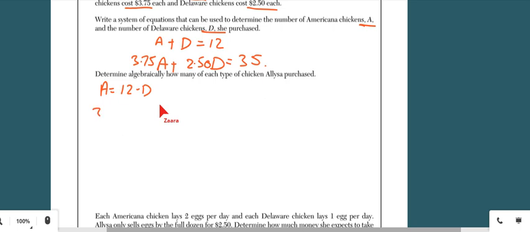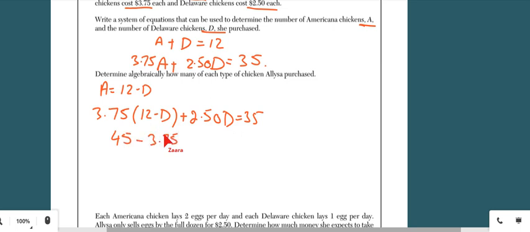Now let's substitute the value of A in the second equation, which is 3.75 times (12 minus D) plus 2.50D, that is equal to 35. Okay, what is 3.75 times 12? It is 45. So 45 minus 3.75D plus 2.50D, that is equal to 35.